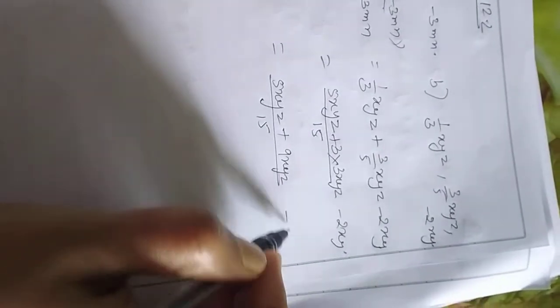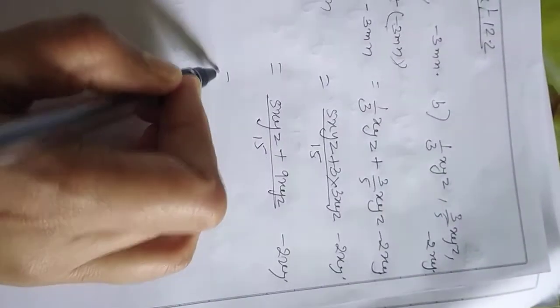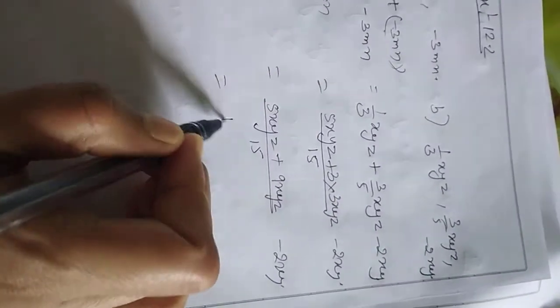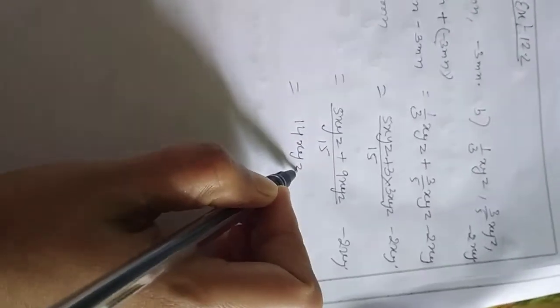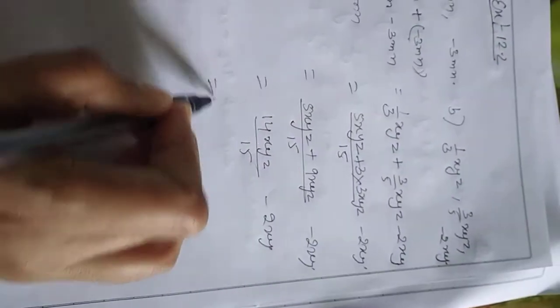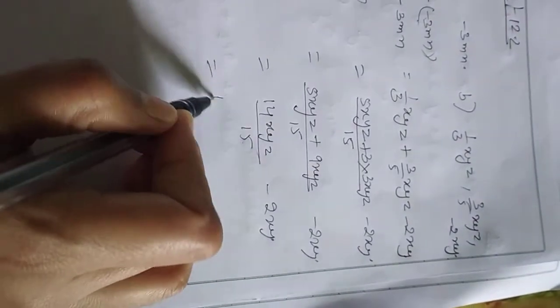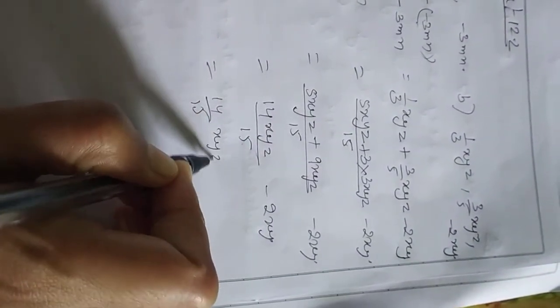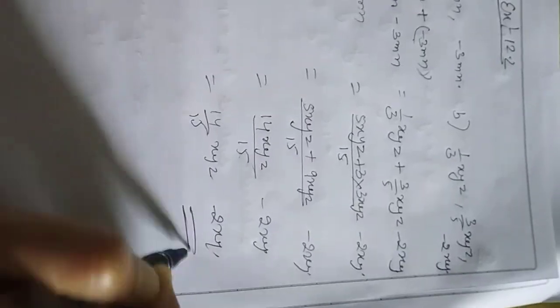Minus 2 xy you write separate. 9 plus 5, 14 xyz by 15 minus 2 xy. 14 by 15 you cannot do anything. 14 by 15 xyz minus 2 xy is the answer. Okay, clear?